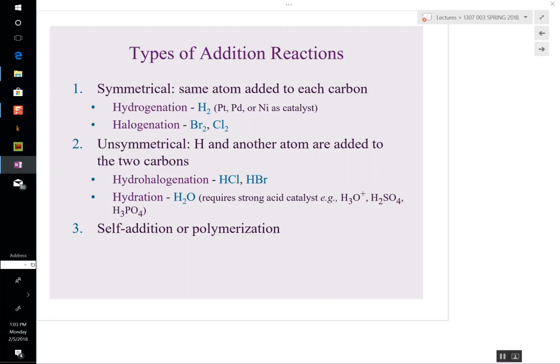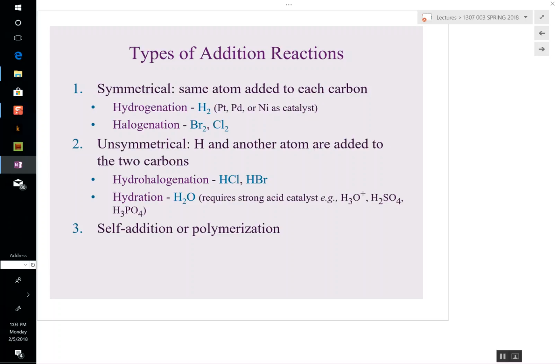Now, we're going to look at this water like this. I mean, the water is this. But we're only really going to be particularly interested in one of these hydrogen-oxygen bonds, because it's one of these bonds that is going to break and the hydrogen is going to go on one carbon, and the other part of the water molecule is going to go on the other carbon.